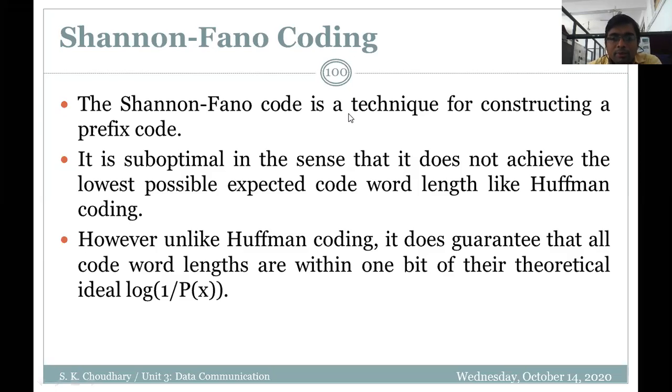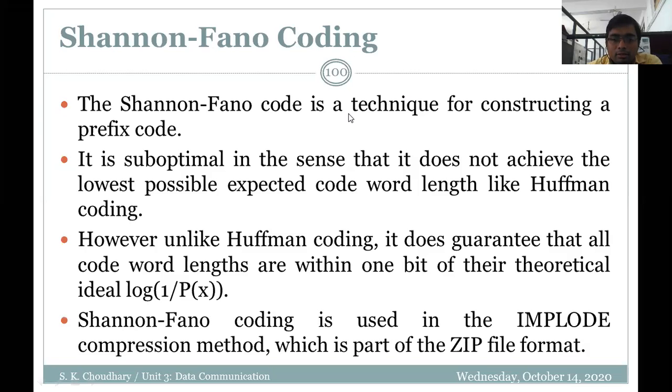Now we have to see the procedure for Shannon-Fano coding. As for the application of Shannon-Fano coding, it is basically used in the implode compression method, which is a part of the GIF file format.